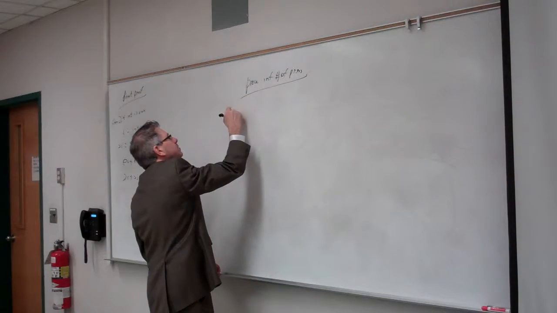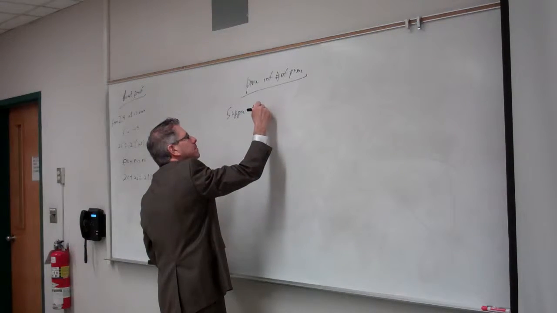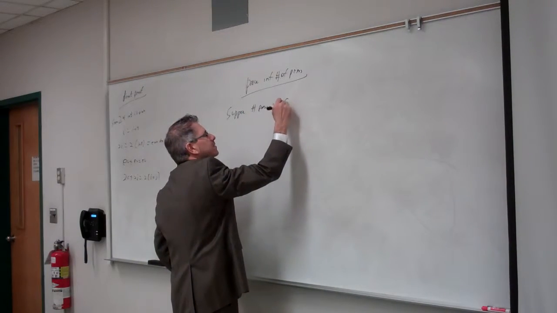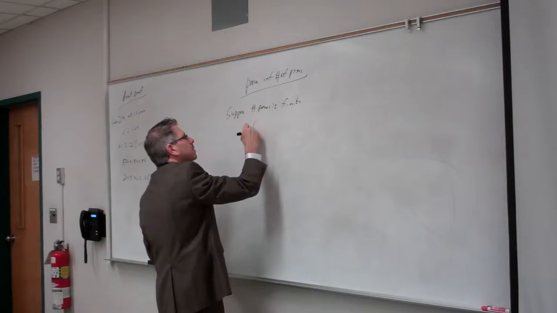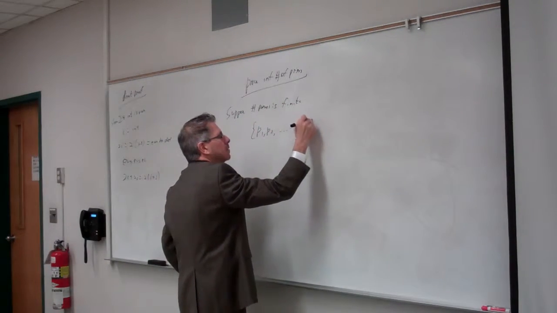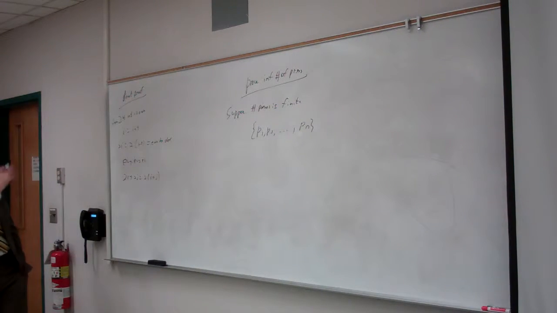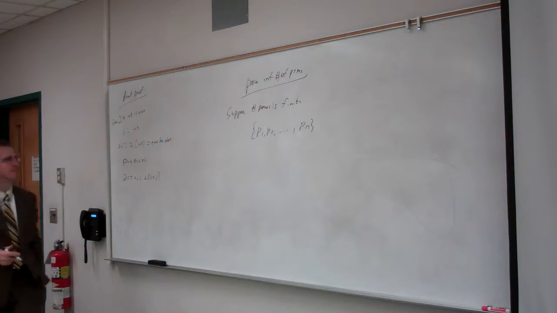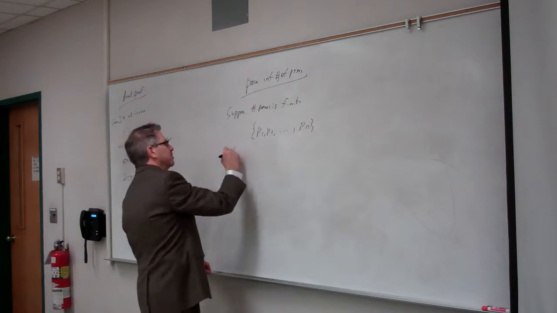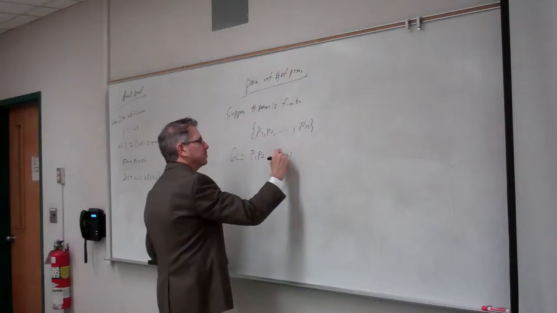So suppose the number of primes is finite. There are only n primes, that's our assumption. So we can label them in order P1, P2, up through and including Pn. Let Q equal the product plus 1.